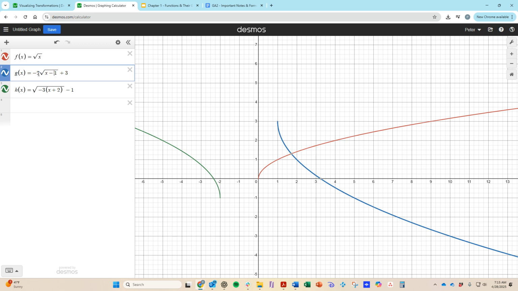Based on these two, then we have this -2 out here. The negative on the outside makes it flip upside down, right? So it's going to reflect about the x-axis, and that's why it's upside down here. So it's going down as we go, and then we also multiply by 2. Remember, outside, if we multiply by 2, it's going to be a vertical stretch, and so it's stretched as well.